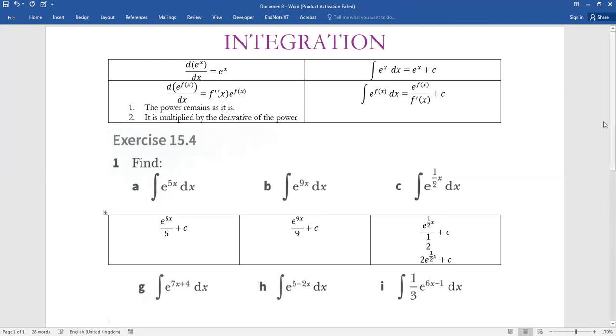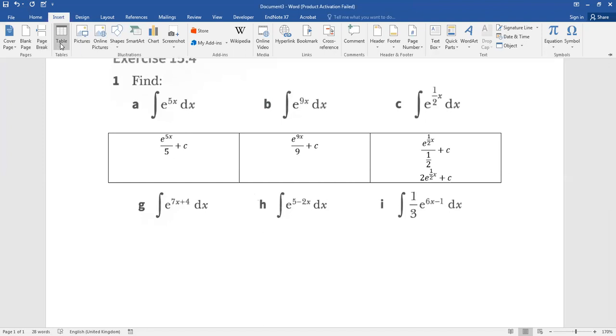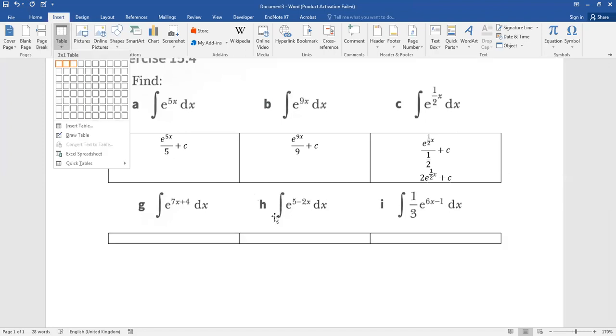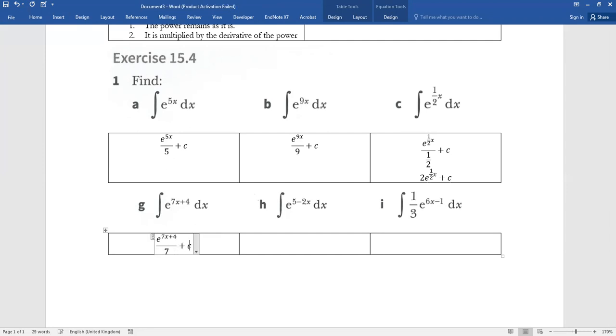What about this one? How do we integrate this? E to the power 7x plus 4 upon 7. Well done. Incomplete. If you do not tell me plus c, the solution is wrong. It's incomplete. What about the next one?